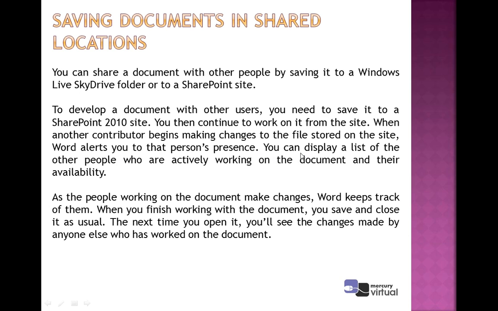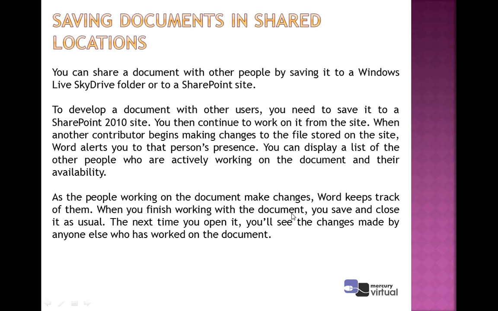So you can display a list of other people who are actively working on the document and their availability. Means suppose you are working, your availability will be shown in the MS Word alert box. As the people working on the document make changes, Word keeps track of them. Means Word keeps track of who makes the changes and at what time.